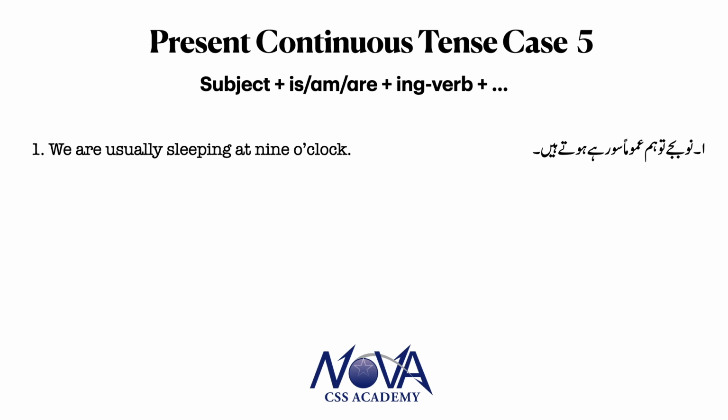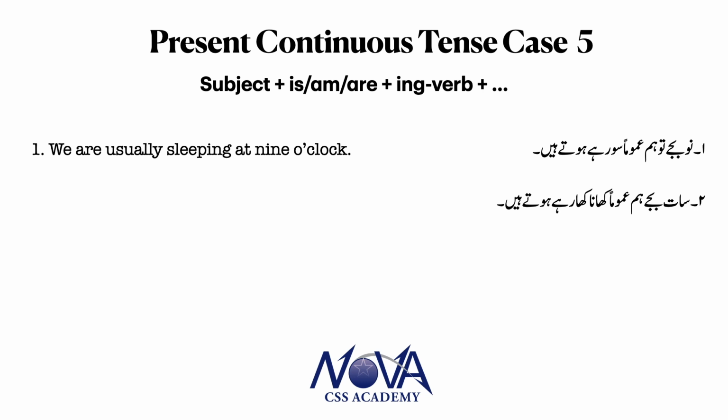Alternatively, we can also say that we are usually asleep at 9 o'clock, but one way of translating this sentence in English language is when we make use of the structure of the present continuous tense. Another example of such a sentence in Urdu language can be 7 बजे हम अमूमन खाना खा रहे होते हैं.